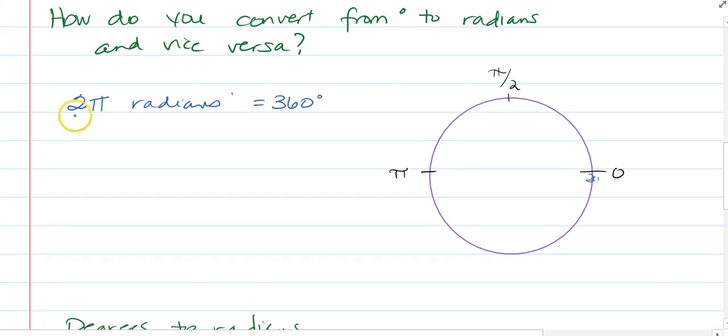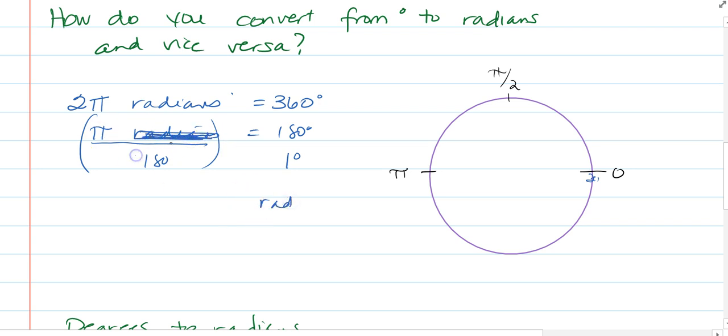First let me divide both sides by 2, and I'll make pi radians equal to 180 degrees. So 1 degree would be pi radians divided by 180, right? So that's what we're going to use. Radians is going to be my unit of measure, so I'll put it out here. It's going to stay, I don't want to cancel it. So it'll be pi over 180.